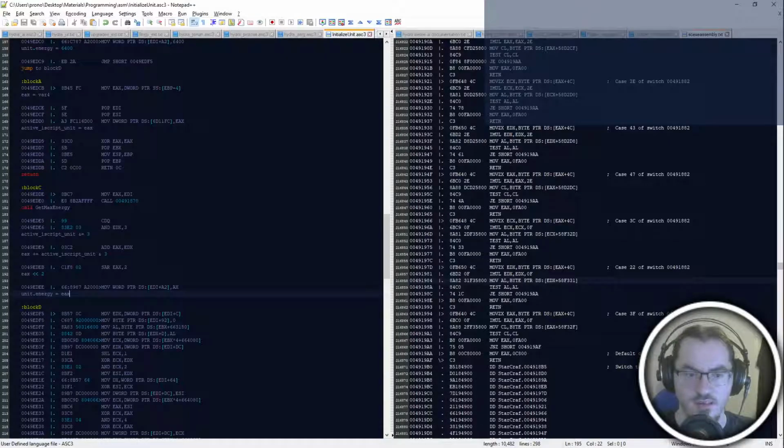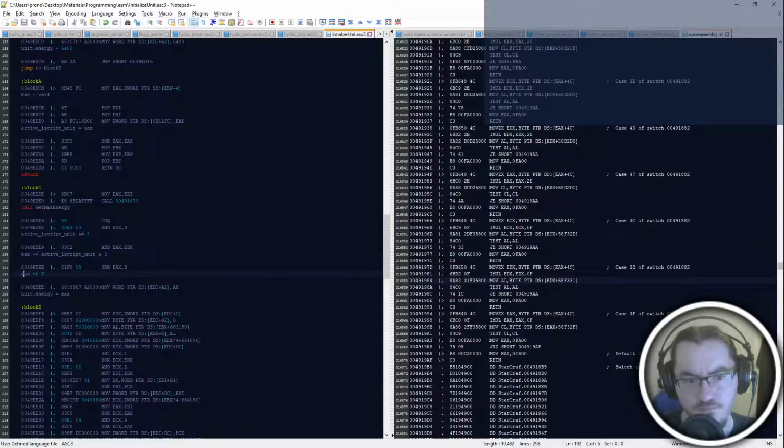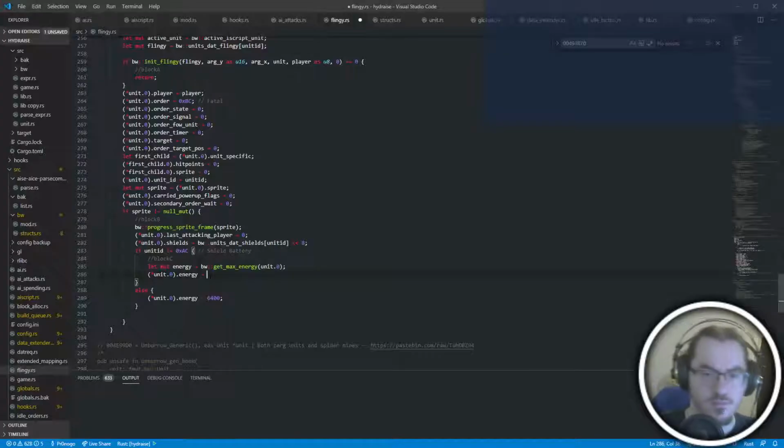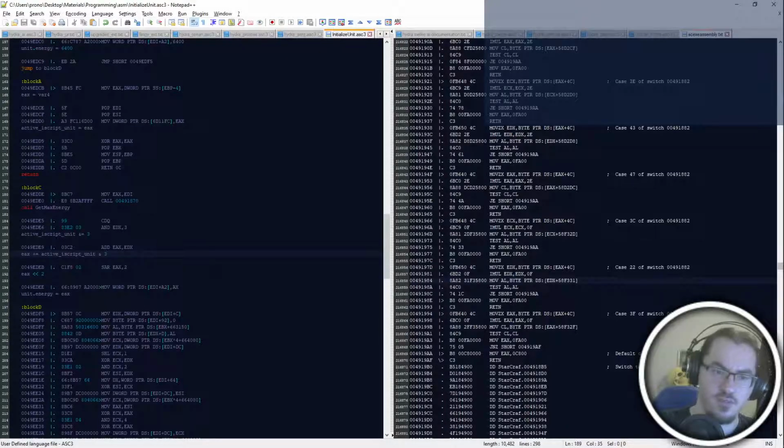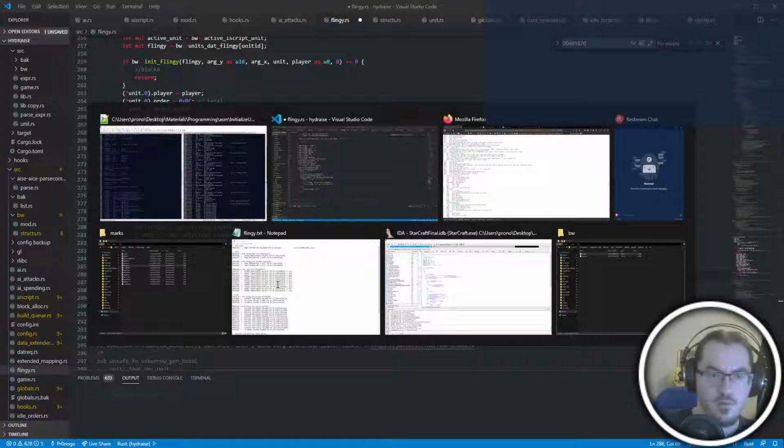We would just say call get max energy returns through the value of EAX. So we would say unit 0 energy equals, and we would say, so EAX is obviously the return value of get max energy and 3 2.